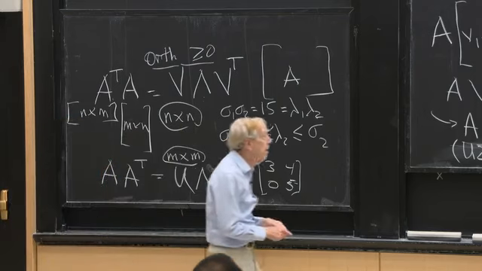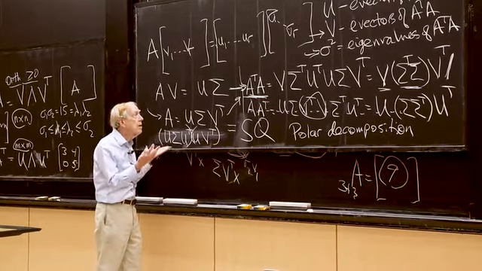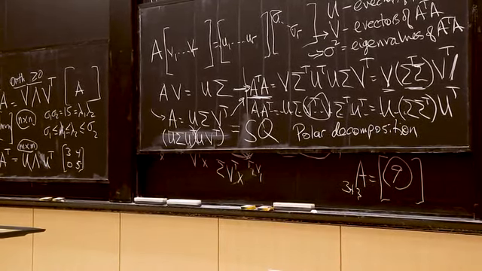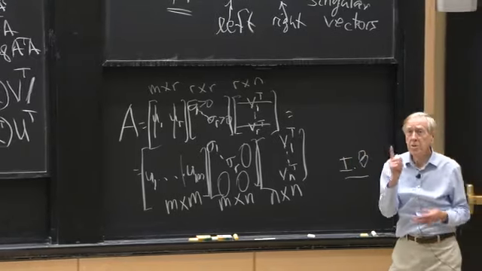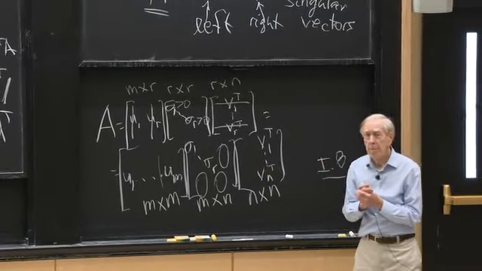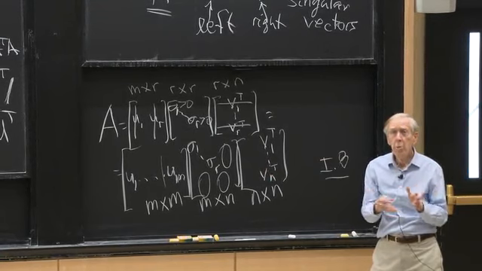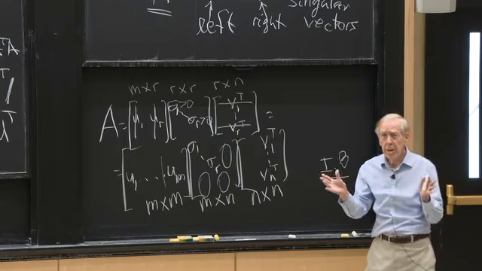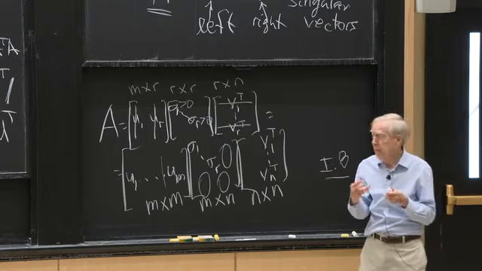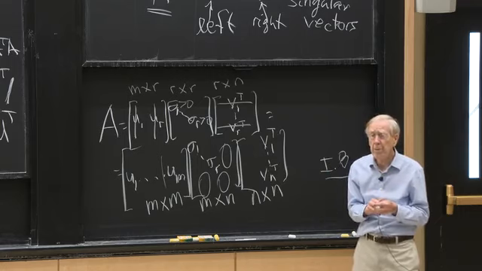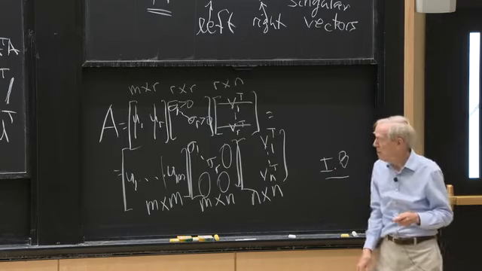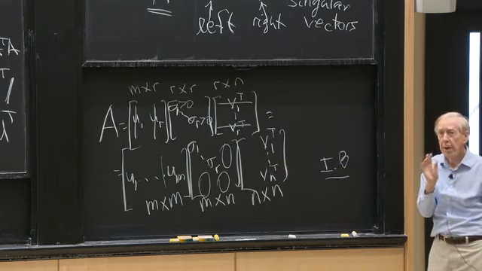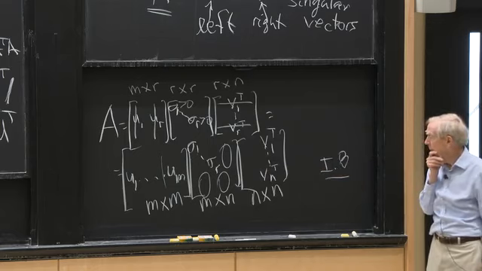Well, let me look at the U sigma V transpose. So what's the one most important part of that matrix? It's a rank 1 piece. So when I say a part, of course, it's going to be a matrix part. The simple matrix building block is a rank 1 matrix, a something times something transpose. And what should I pull out of that as being the most important rank 1 matrix in that product?